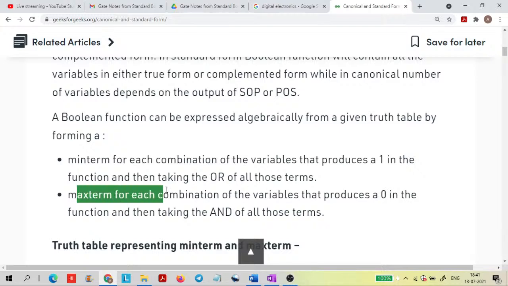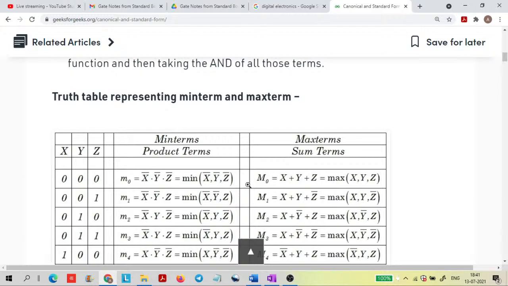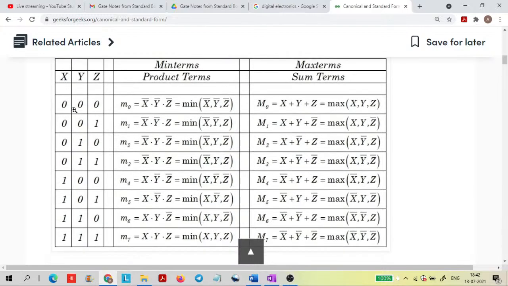And max term is the product of sums, each combination of variables that produces a 0. Here you can see x, y, z is 0, 0, 0. The min term is x bar, y bar, z bar. The max term is x plus y plus z. The naming is the same: min term or product term, sum term or max term.